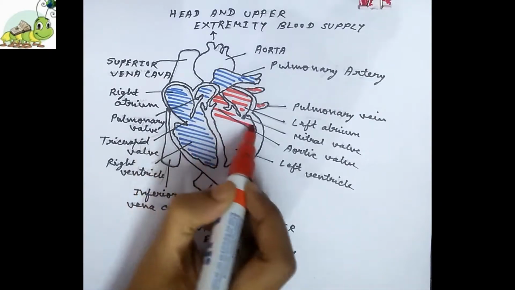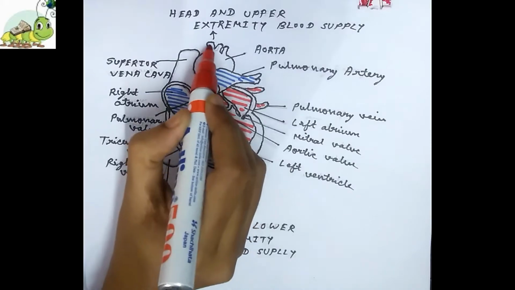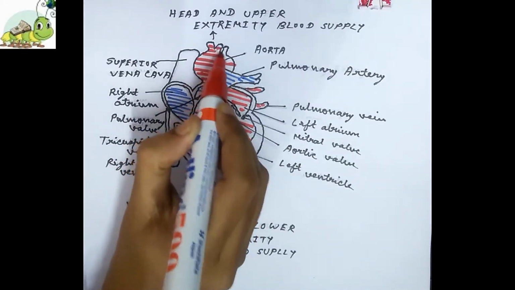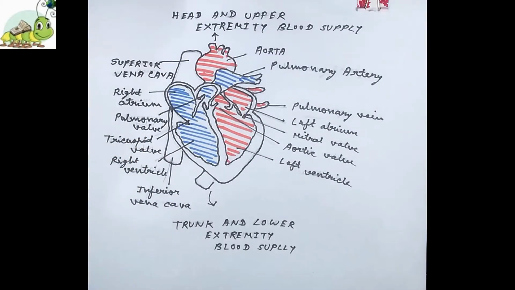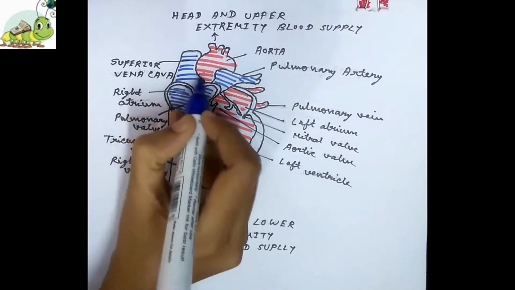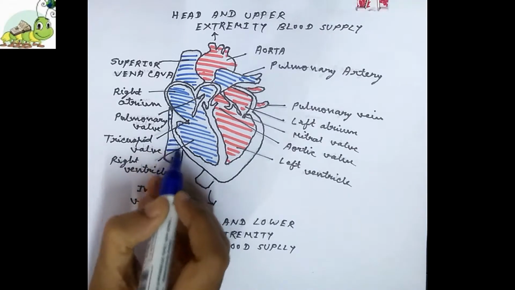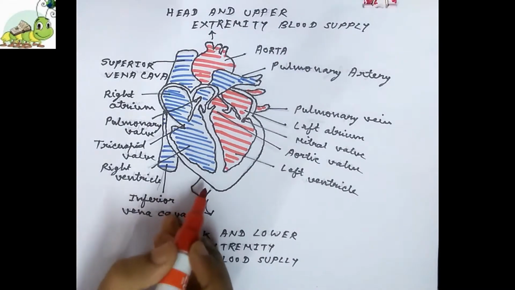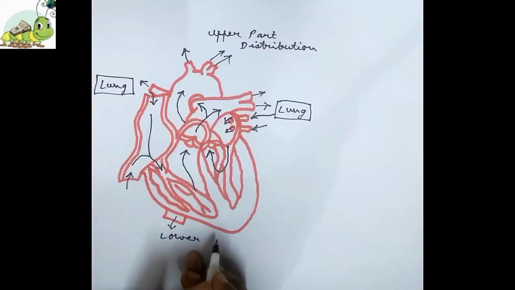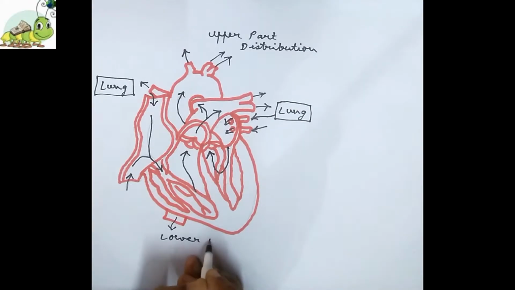The venous blood from the systemic circulation collects in the right atrium through two great veins, the superior vena cava and the inferior vena cava. From the right atrium, the blood goes through the right atrioventricular opening into the right ventricle, which in turn pumps the blood into the pulmonary circulation.